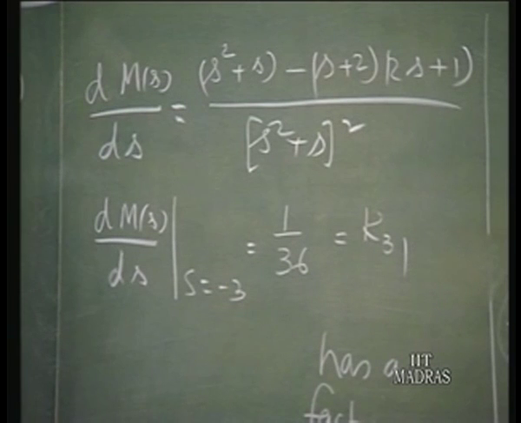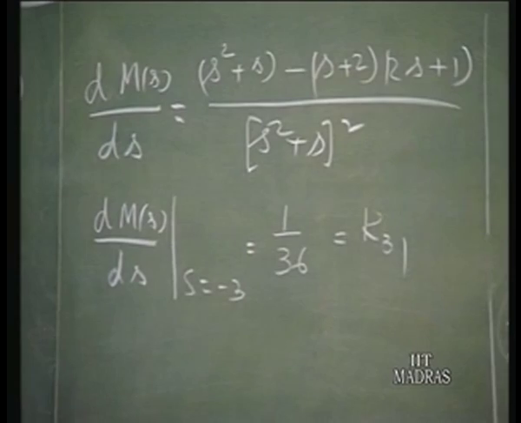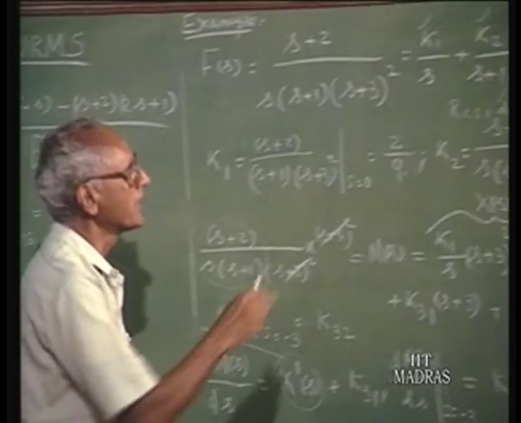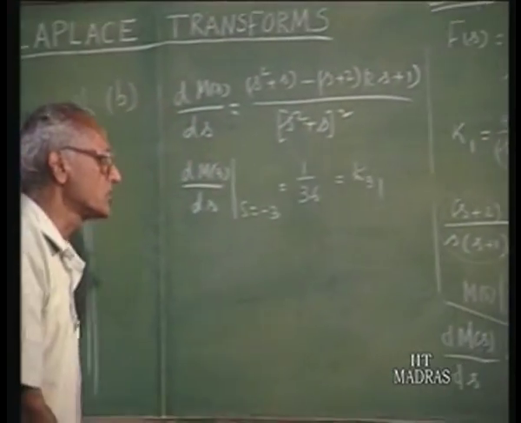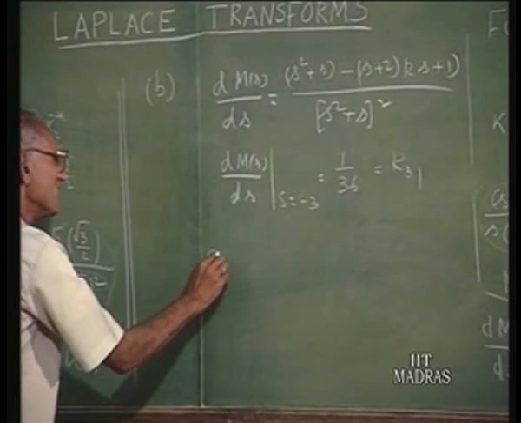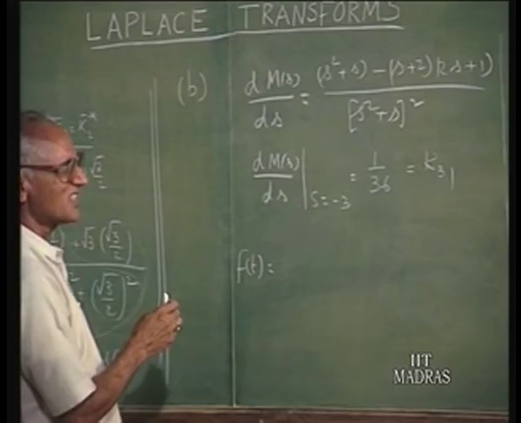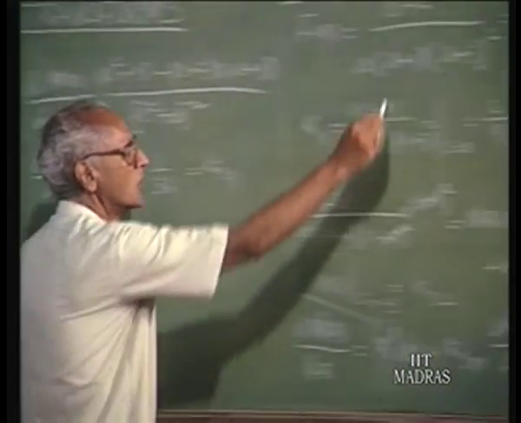So, the upshot of this is the required partial fraction expansion will be K1 over s, K2 over s plus 1, K31 over s plus 3 and K32 over (s plus 3) whole squared, where all the residues are found. Therefore, f of t, corresponding to the first term K1, that is 2 upon 9 over s.